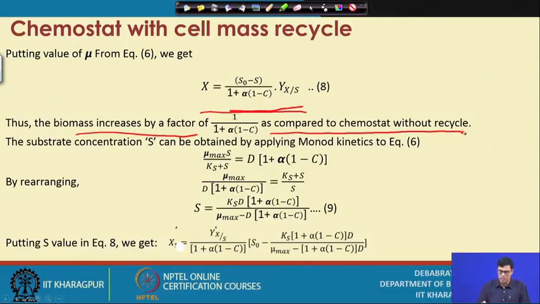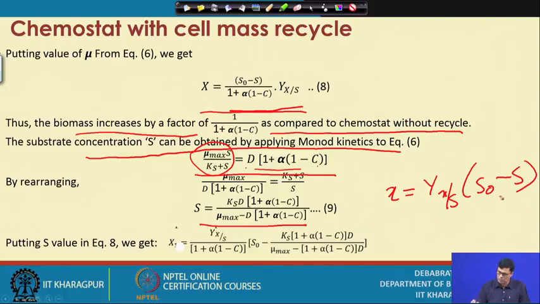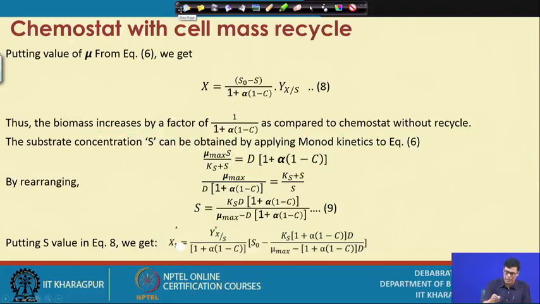So, this is the comparison that we have made, and then substrate concentration can be obtained by applying Monod kinetics like this. This is the equation that we have, and this is equal to mu, and Monod equation is this, and then we find out the S value will be this, and the x value will be Yx/S into S0 minus S. So, if you put the S value here, then you can calculate the value of x. Both S and x values you can calculate with this for the recycling system.